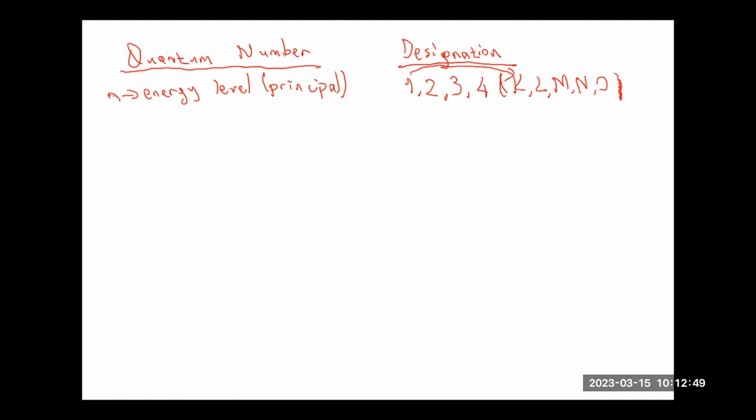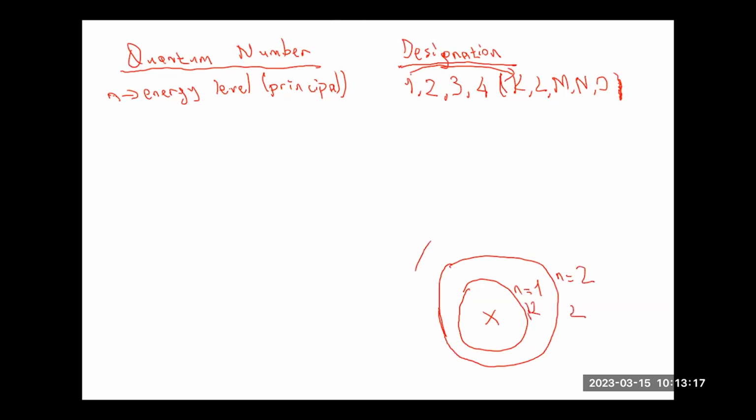Let's say we have an atom, nucleus, and the energy levels are N equal to 1. Second, N equal to 2, which is K shell, L shell, N equal to 3, M shell.